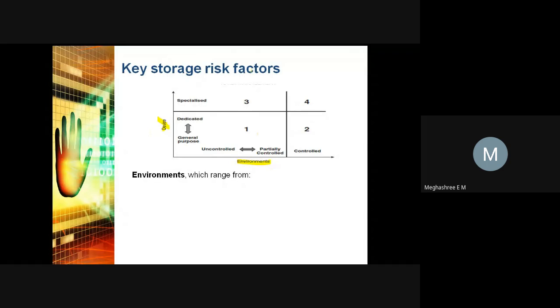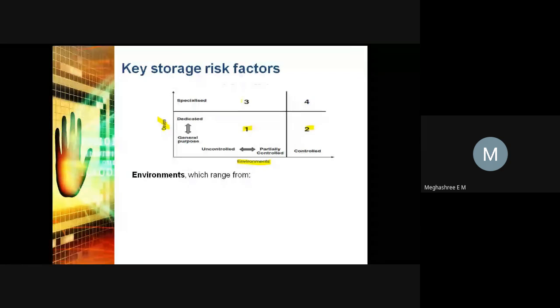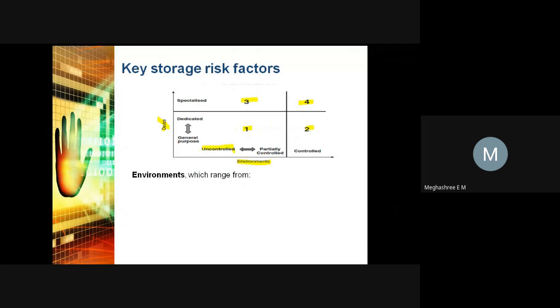Here you can see the diagram is divided into four zones: zone 1, zone 2, zone 3, and zone 4. In zone 1 you can see an uncontrolled environment. Moving towards the second zone, it is partially controlled, and the last is the controlled zone. Devices may be general purpose, as I said HSM can also be embedded in a general purpose device, or we may use a dedicated or specialized one.